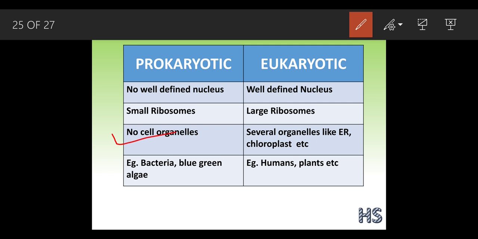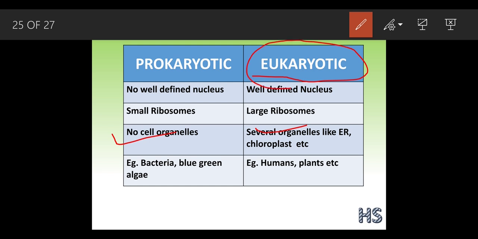They do not have any kind of cell organelles, but eukaryotes have several cell organelles like the endoplasmic reticulum, chloroplast, ribosomes, lysosomes, mitochondria, etc. There are various cell organelles. When we studied the cell organelles, we were discussing eukaryotes only.